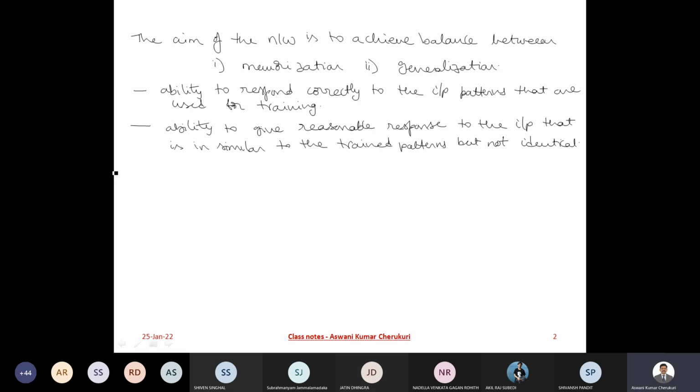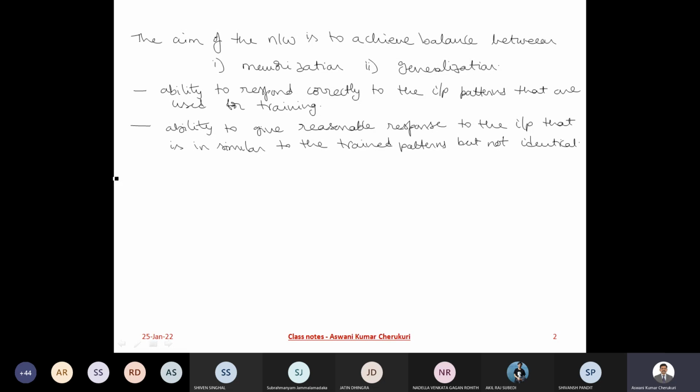So the network is able to memorize, number one. Number two, when the network is presented with a pattern on which it was not trained, it is still able to classify the given input pattern. It is not saying, no, I was not trained on this particular pattern. That is the generalization ability. Both are important aspects, and backpropagation is able to achieve the right balance between them.